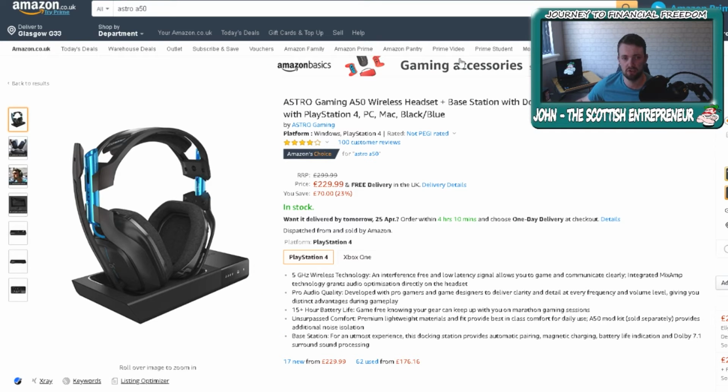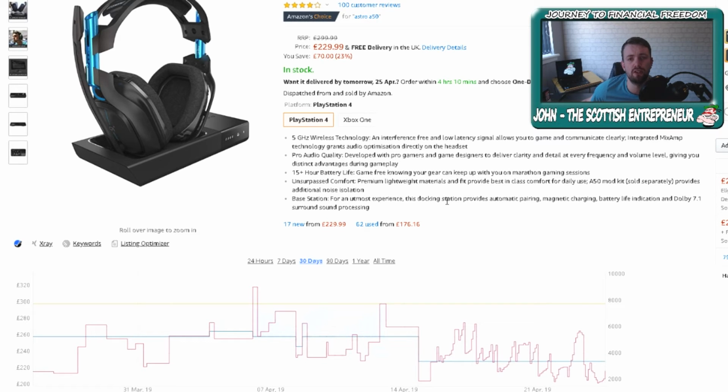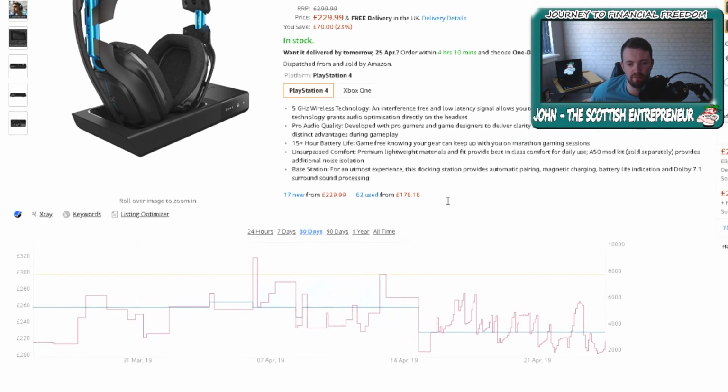Okay, so I found this on Amazon and I'm quite surprised that it is right here, Astral Gaming A50 wireless headset, and it is a PlayStation 4 and PC model. So it's this one exactly right here. It sells for £229.99. The buying price was £150.